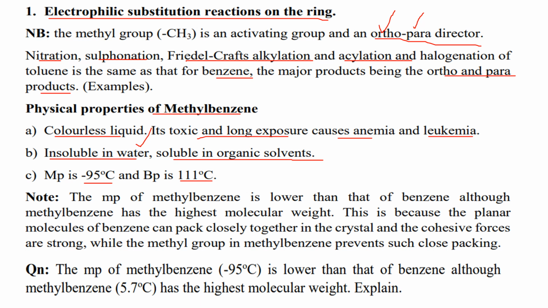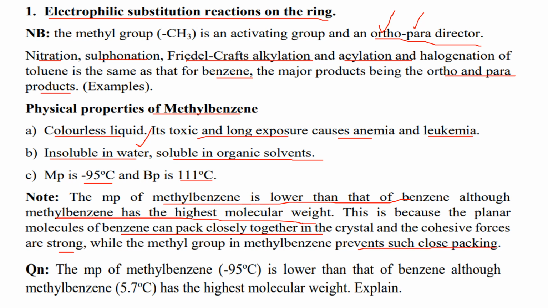Now note here, this note is emphasizing the point that the melting point of methylbenzene is lower than that of benzene, although methylbenzene has the highest molecular weight. Now why is this the case? The reason is that the planar molecules of benzene can pack closely together in a crystal, and therefore the cohesive forces are stronger, while in methylbenzene, the methyl group prevents close packing of the molecules.